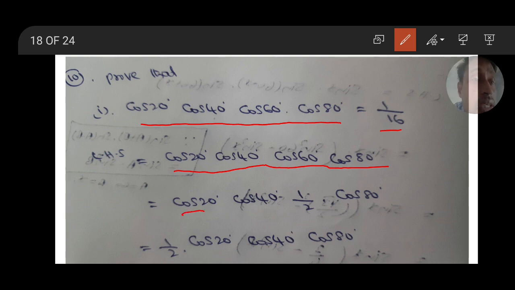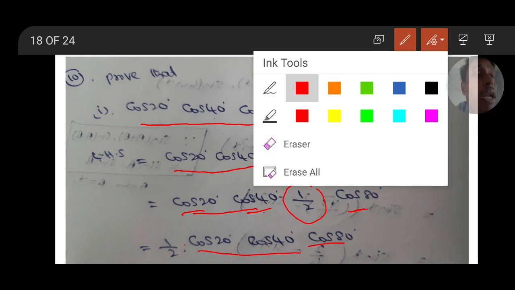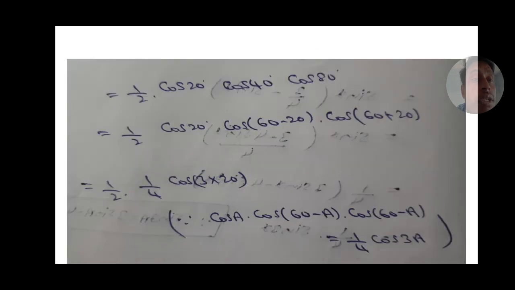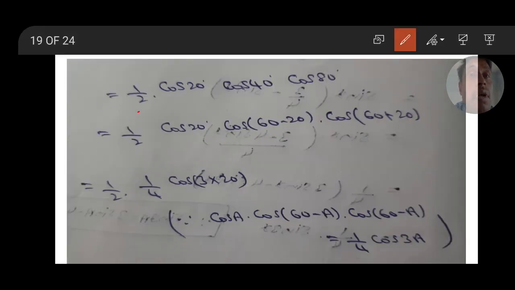Cos 20 as it is, we don't know the value. Cos 40 as it is. Cos 60 value is 1 by 2, that is the coefficient, into cos 80. Last time I am writing the remaining three, so this can be written as 1 by 2 into cos 20, cos 40, cos 80.